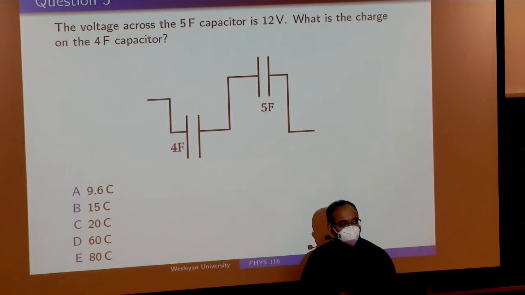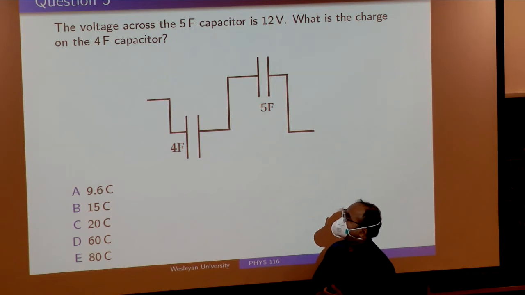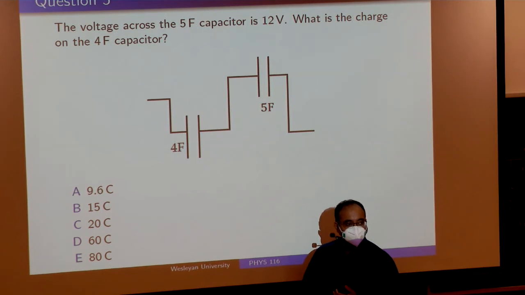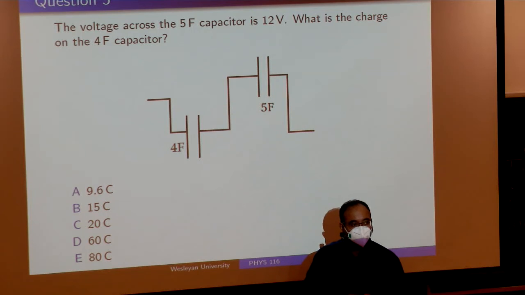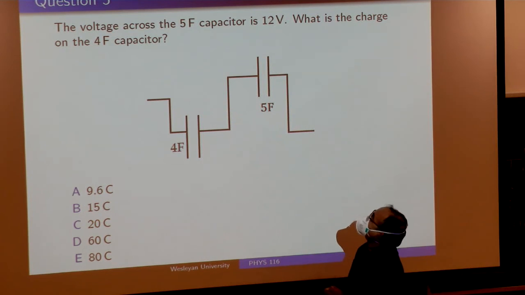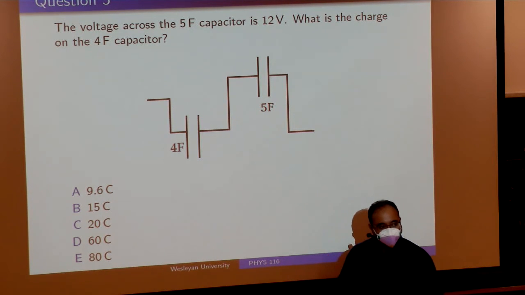Simon. So we know that charge equals capacitance times voltage. Yep, Q equals C delta V. So we can find the charge on the 5 farad capacitor to be 60 coulombs. Yes. And we also know that capacitors in series share the same charge.